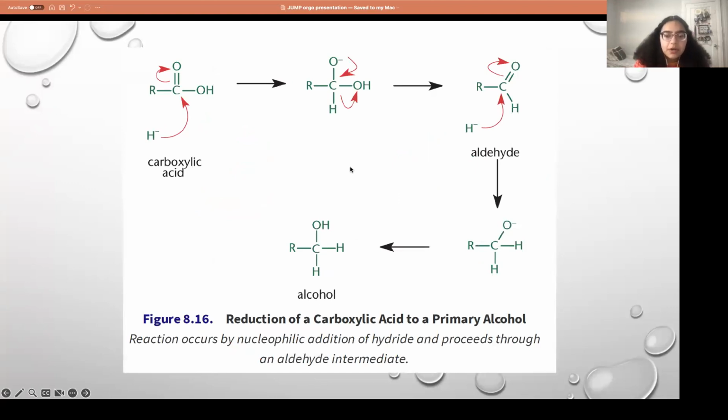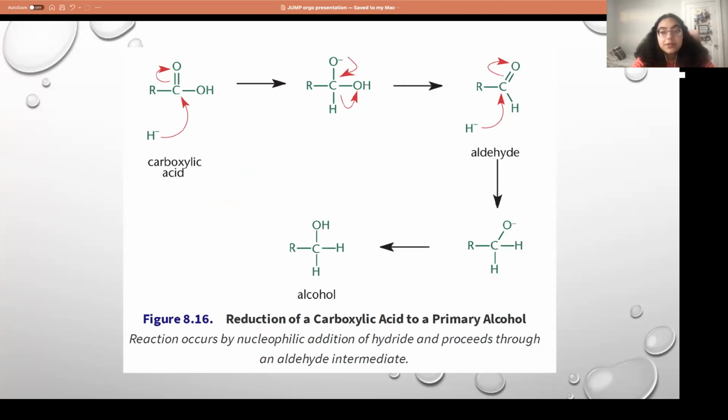Next is the reduction to a primary alcohol. As we mentioned before, LiAlH4, lithium aluminum hydride, is one of the stronger agents, so that would be a better one to use in this case. NaBH4 is not as strong, so that can reduce other things.